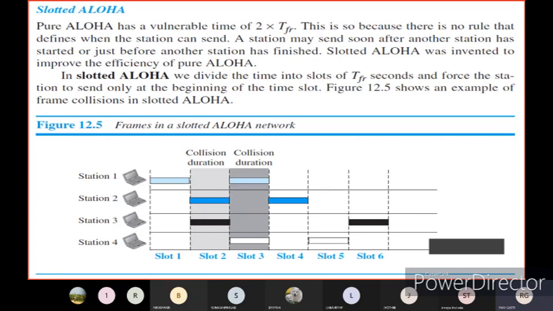So the waiting period, or the collision period, of data transmission has been reduced by half when you compare pure Aloha with slotted Aloha. That is the difference we have made in the slotted Aloha protocol. The basic difference between pure Aloha and slotted Aloha is that in slotted Aloha, the moment you get the data, it is not possible for you to transmit over the channel.